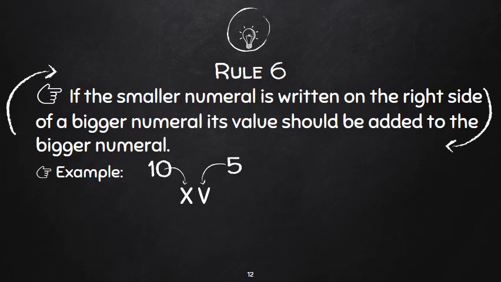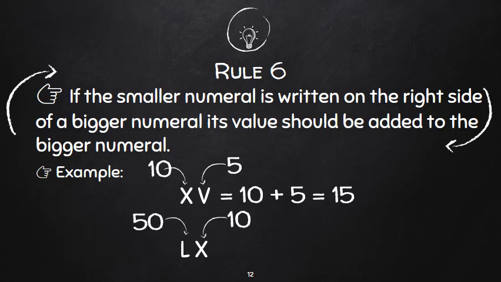So what we will do? We will add the value of V to the value of X. Let's see how. XV is equal to 10 plus 5 is equal to 15. Right? Now let's see another example. So in this Roman numeral LX, the value of L is 50 and the value of X is 10.